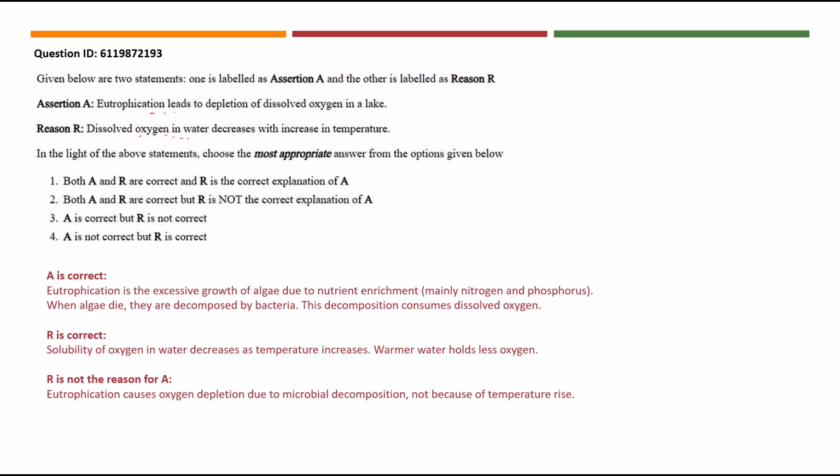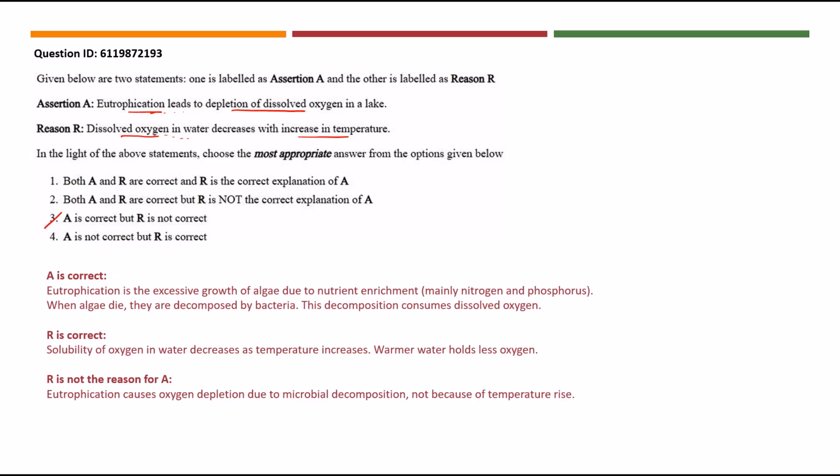Here also they say about the decrease of dissolved oxygen in water, but the reason is due to increase in temperature. Here also they talk about decrease of dissolved oxygen, but here the reason is eutrophication, which is microbial decomposition. The reasons are different though the topic is same.